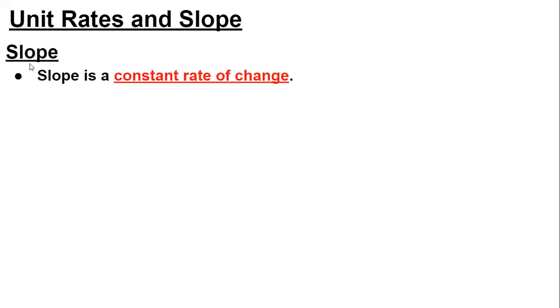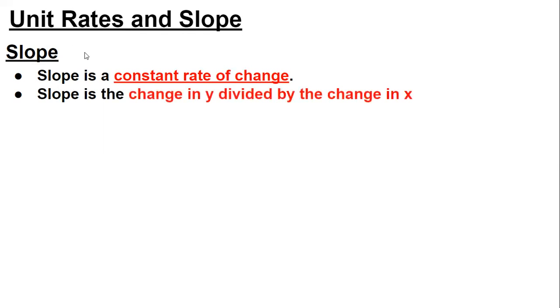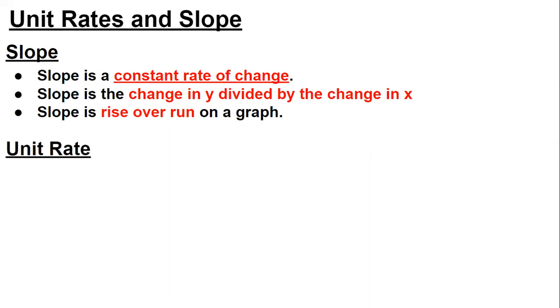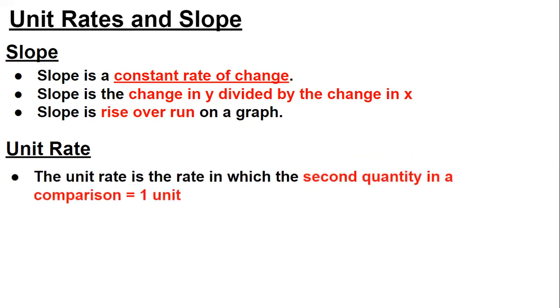Unit rates and slope. Slope is lots of things we're going to talk about now. It's a constant rate of change. Slope is the change in y divided by the change in x. Slope is rise over run on a graph. Unit rate is the rate in which the second quantity in a comparison is equal to 1 unit.